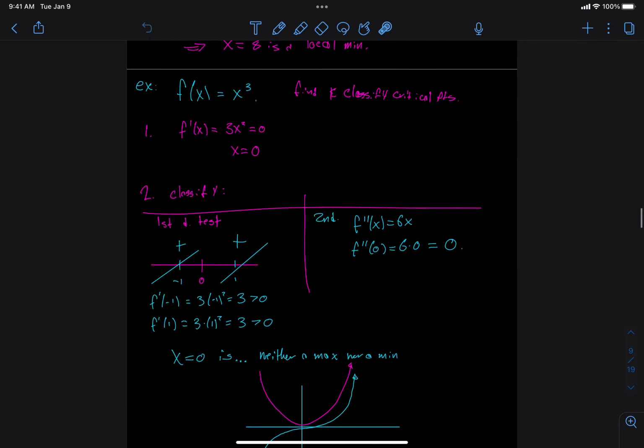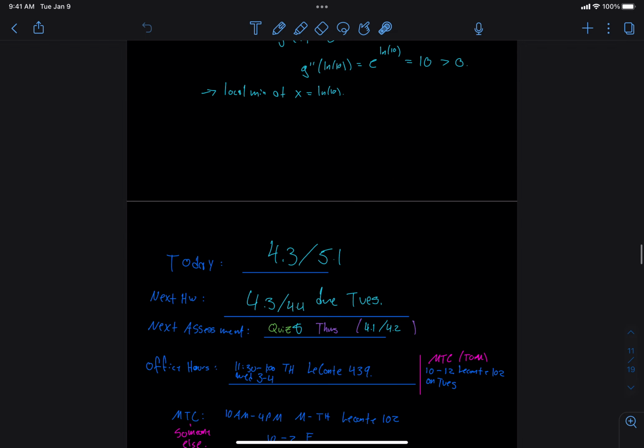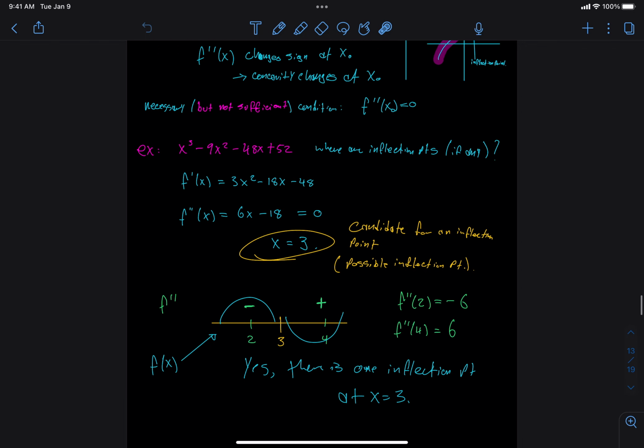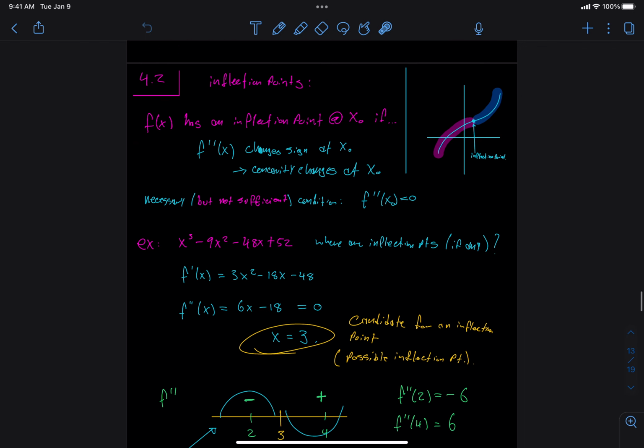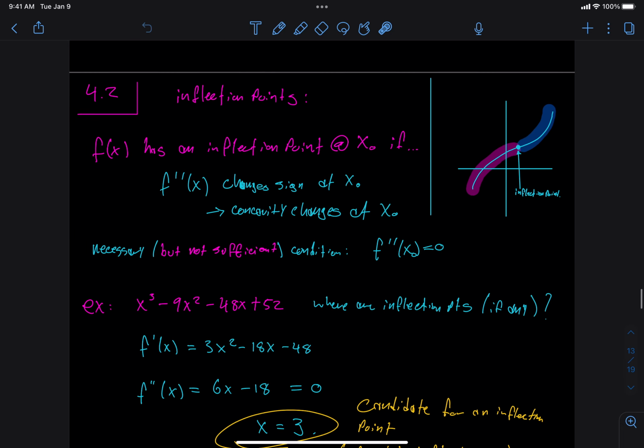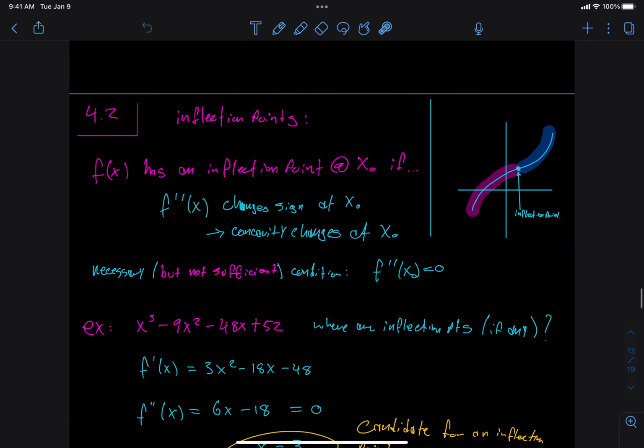So what was next? Well, we did a lot of min-maxing, and then we did inflection points. So where does the second derivative change sign? Okay, so an inflection point looks like this. We have a candidate for an inflection point if the second derivative is 0.